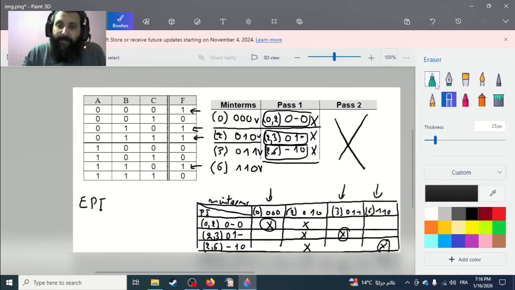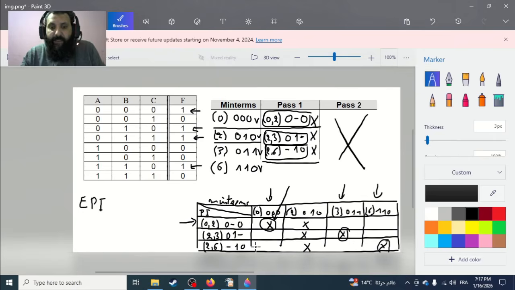If I take this x, for instance, this min term is covered by this prime implicant. That means I cannot reduce this one. If I eliminate this one, there is no prime implicant that can cover this min term. It's covered by only one prime implicant, so we call it essential.